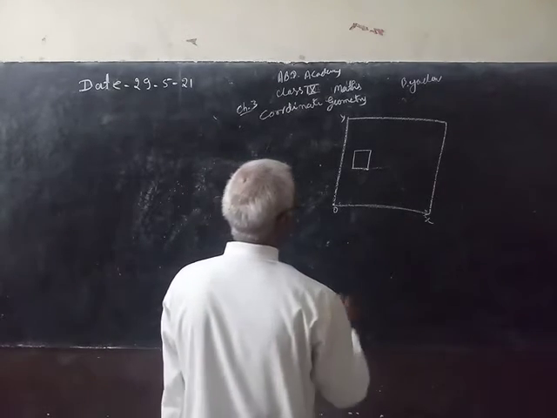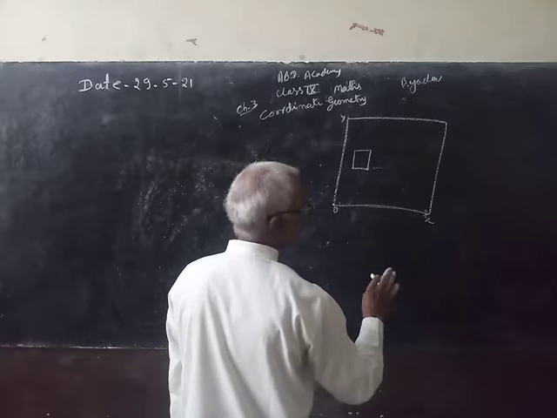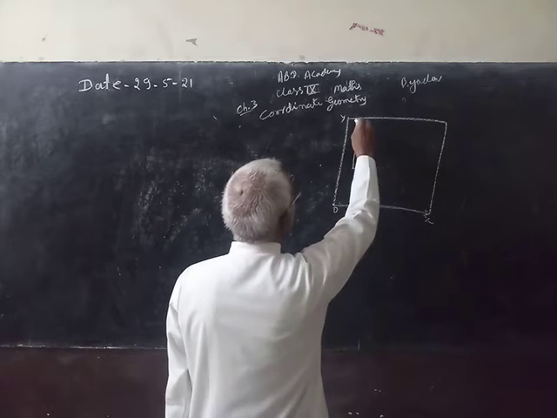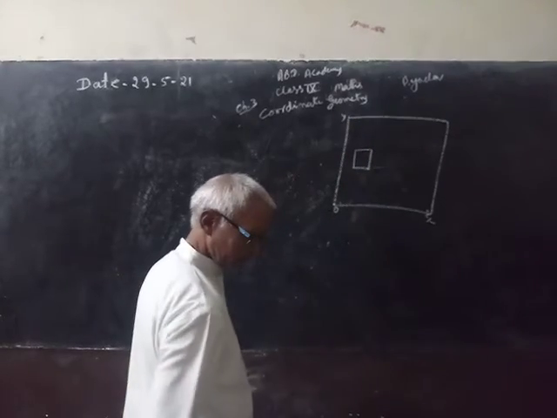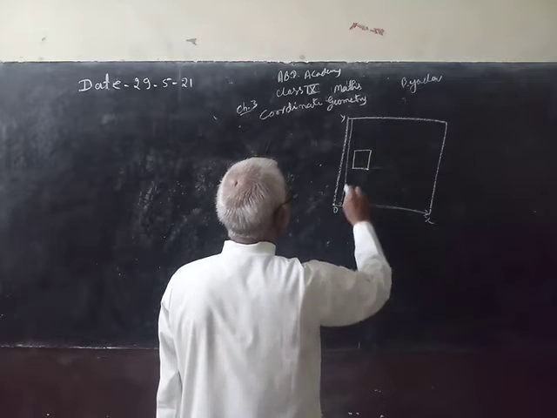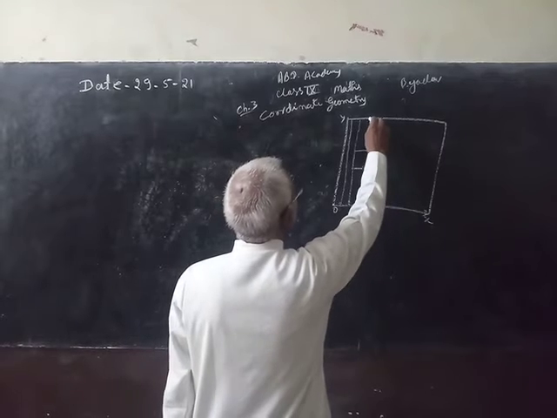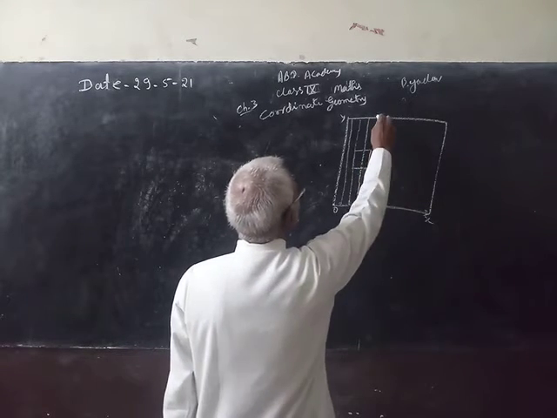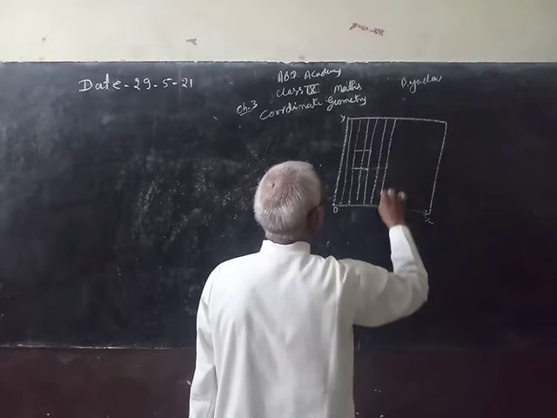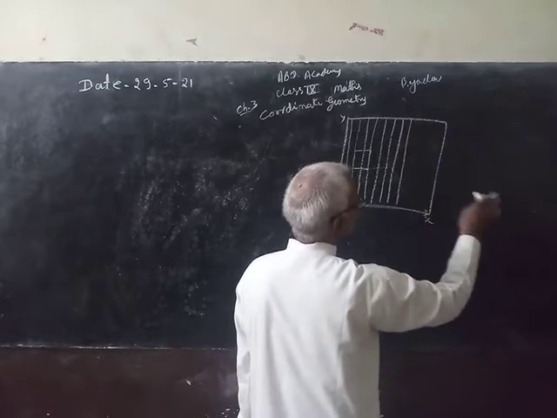Then divide this into feet or meters as you think. Let us divide in feet. 1 foot, here is second, third, fourth, fifth, sixth, seventh, eighth, and so on.